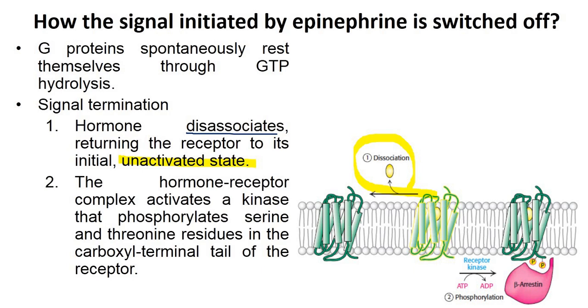Because of this phosphorylation of the carboxyl terminal tail, the receptor has a diminished ability to activate G protein. This receptor kinase utilizes ATP and converts it to ADP, and the name of the molecule is beta arrestin. The beta arrestin will arrest the action of epinephrine.